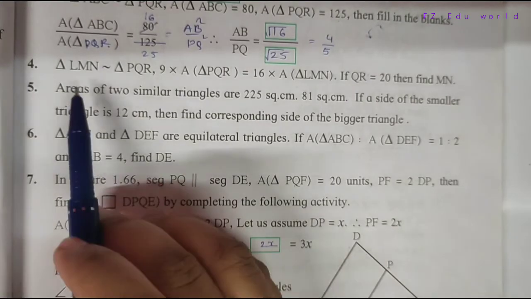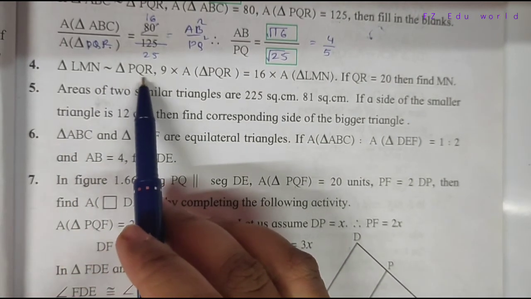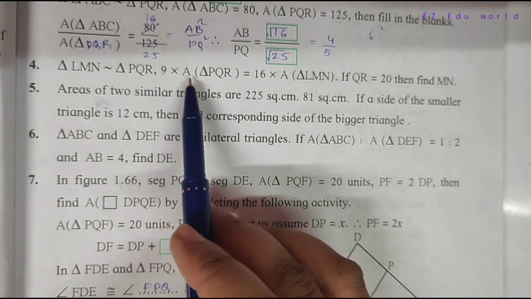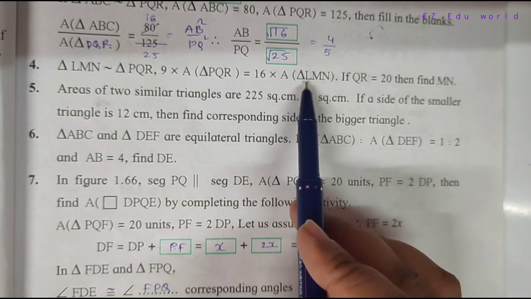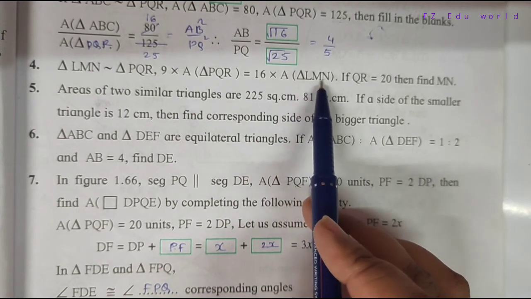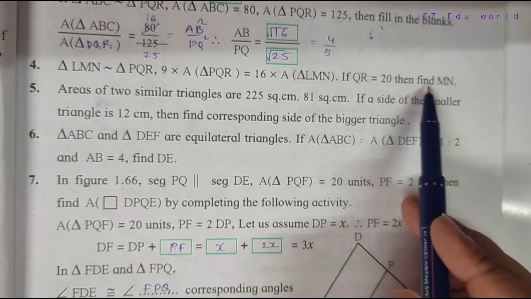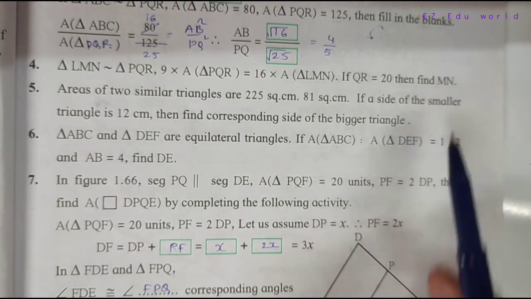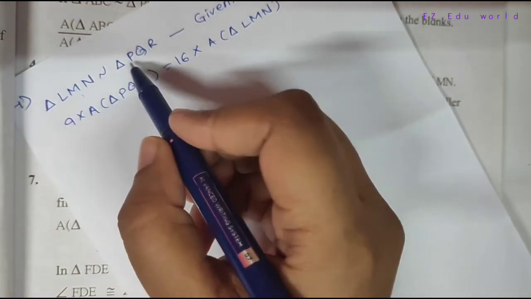Our fourth question is, triangle LMN is similar to triangle PQR. 9 into area of triangle PQR is equal to 16 into area of triangle LMN. If QR is equal to 20, then we have to find MN. First we will write triangle LMN is similar to triangle PQR.